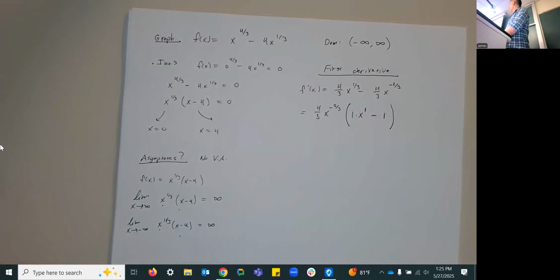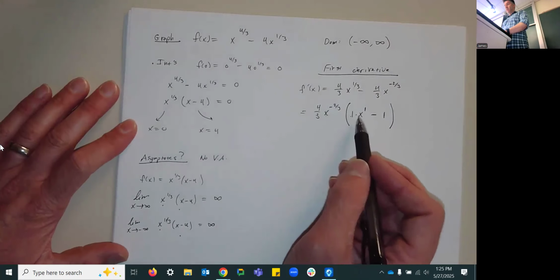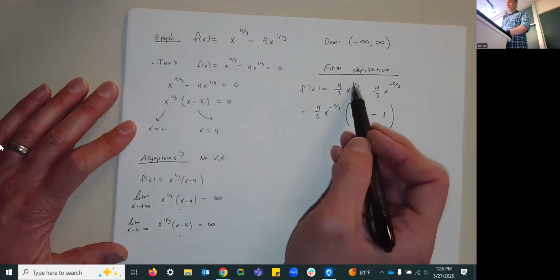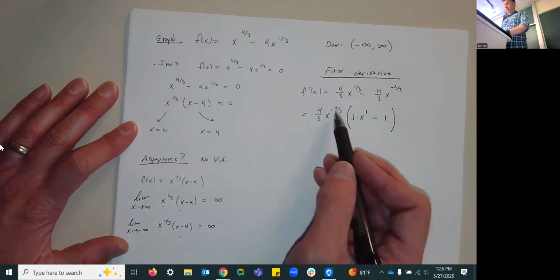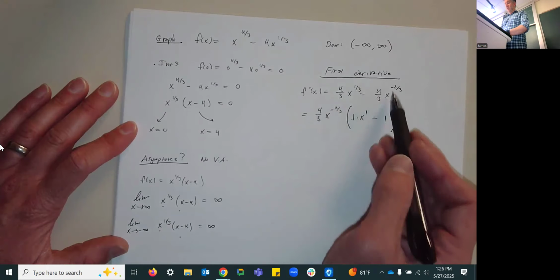And if you're not sure, you can always multiply it back out to check. If you multiply the 4/3 times 1, you get 4/3. And the x to the negative 2/3 times x to the first, you add those powers, and negative 2/3 plus 1 is positive 1/3. And similarly, this times negative 1 is just going to be minus 4/3 x to the negative 2/3.